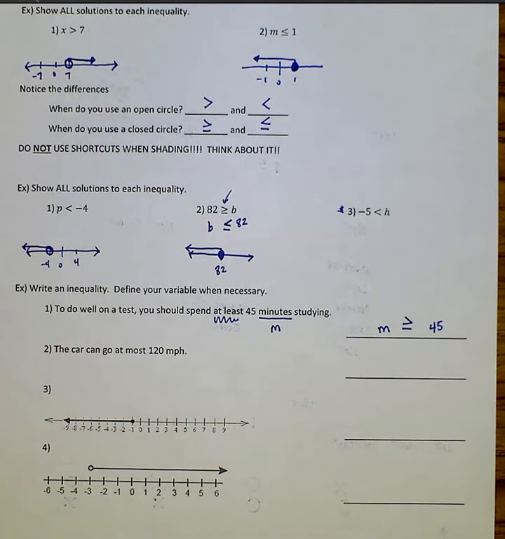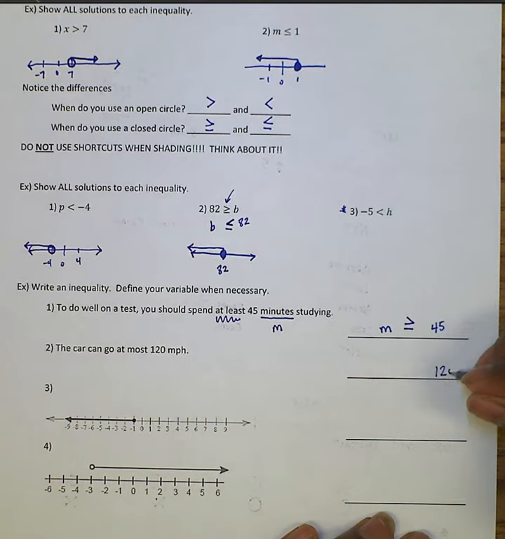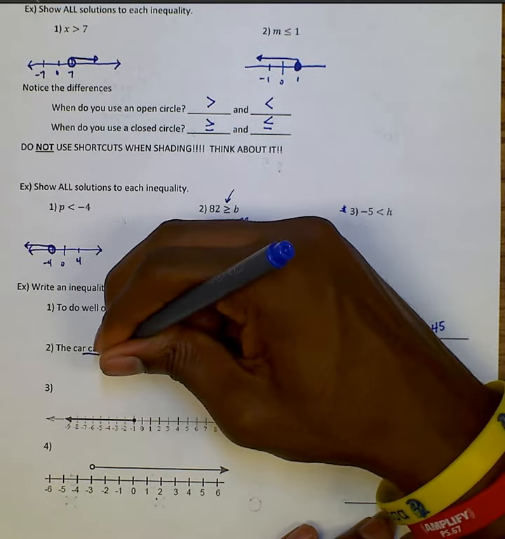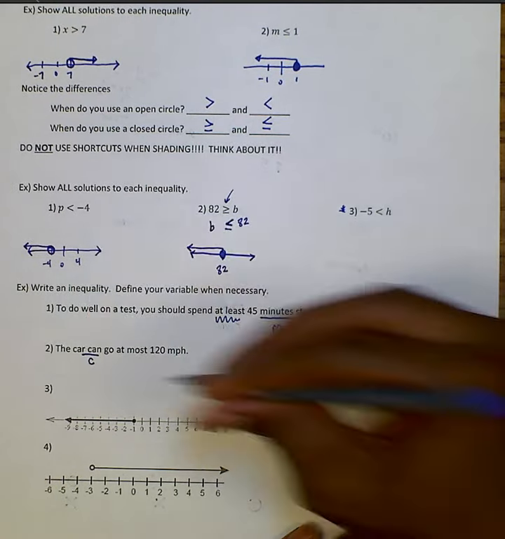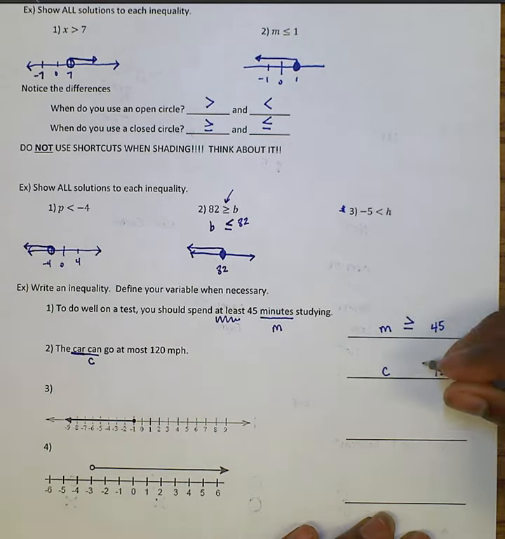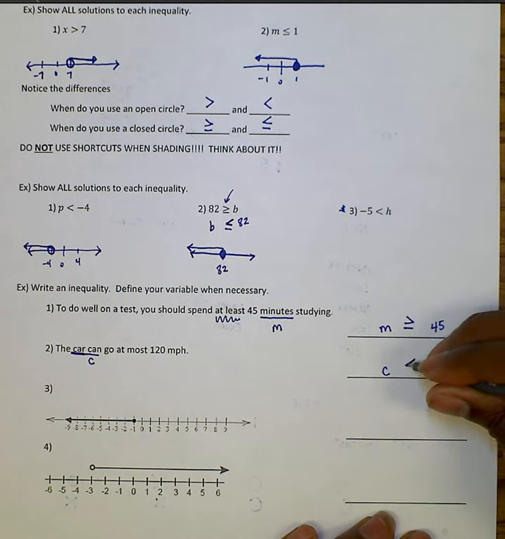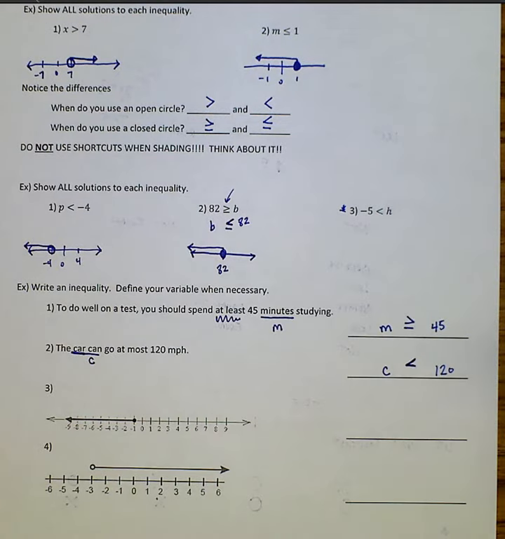Okay, in the same way it says a car can go at most 120 miles per hour. So 120, I'm going to say C, this car. Okay, so 120 will be at the top end of what I can go to, but it says at most 120. That means I can do 120 miles per hour in a car.